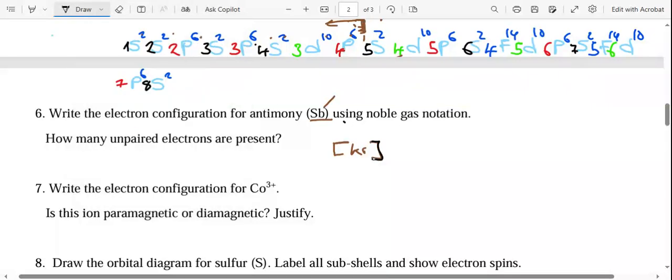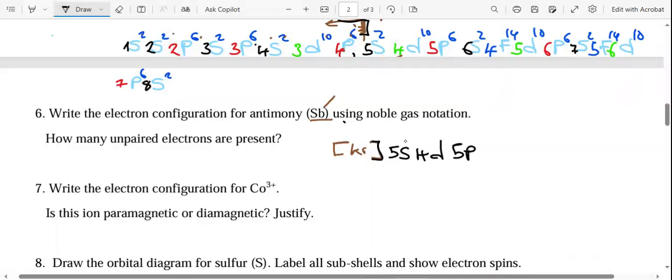We ended here for krypton, 36. Going this side, there are 36 electrons going this side. So I'll have 5s remaining there, 5s, 4d, and 5p.